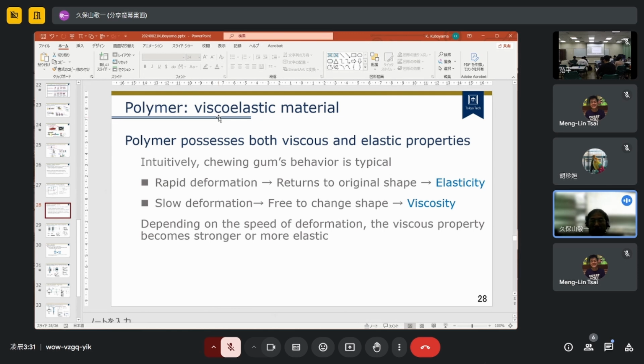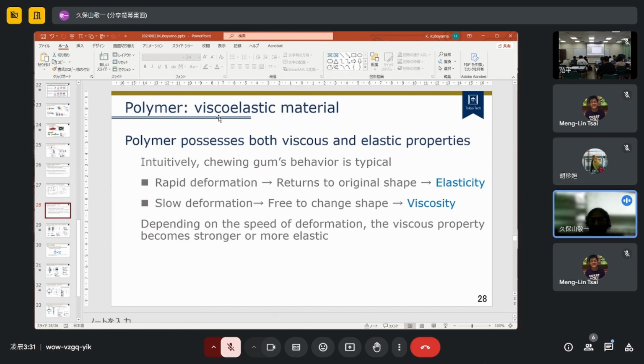So when you think about, for example, chewing gum, when you elongate the chewing gum rapidly and rapidly release the stress, the chewing gum can return to the original shape. That behavior is elastic. But when you deform the chewing gum slowly, and after that release the stress, the shape doesn't return to the original one.